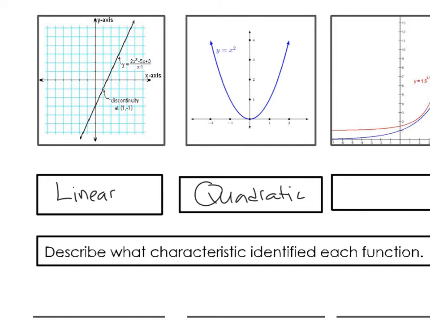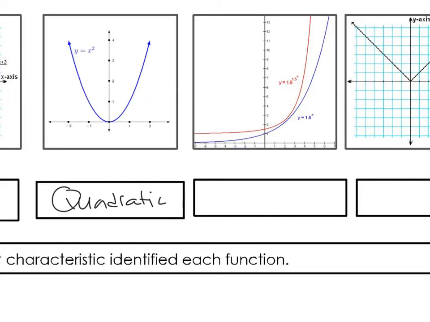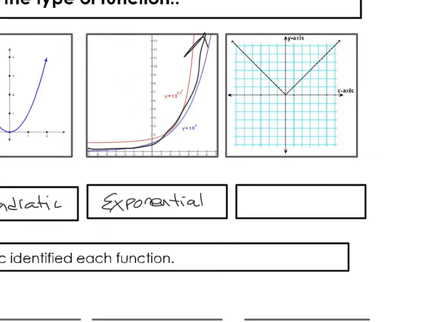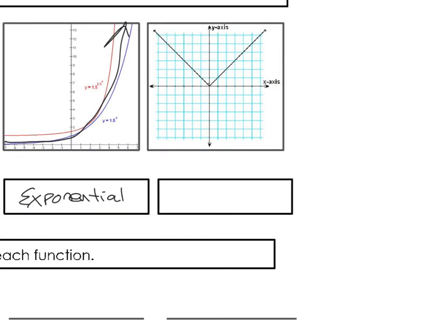And this one is kind of hovering, and then it jumps up exponentially, kind of like when they talked about COVID, just going up by multiples. This is exponential. And then it's V-shaped, it's got a point, that's a vertex, so this is absolute value.